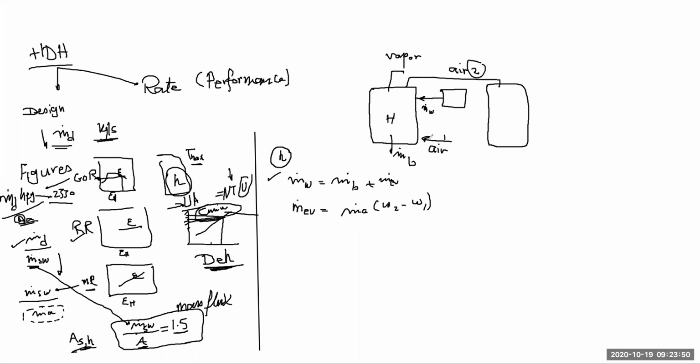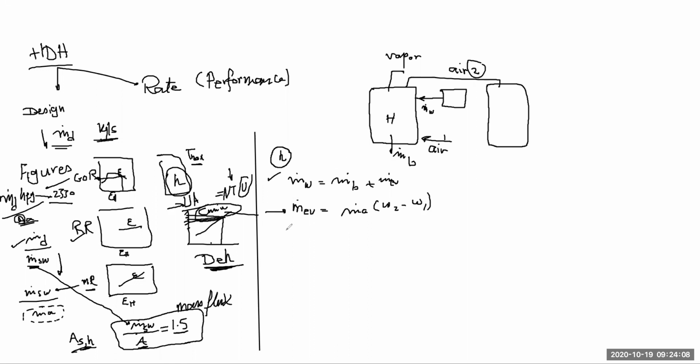So omega 2 minus omega 1 is the difference in humidity of the air, and this is basically the quantity of water vapor carried by the air that's going to define m dot evaporated. So this is the mass balance equation.